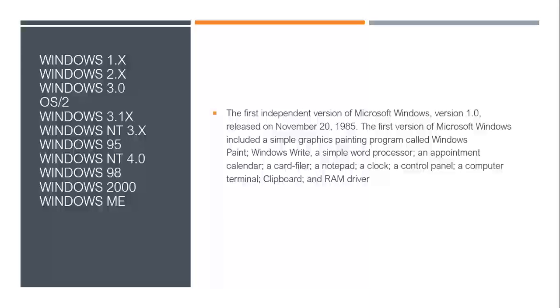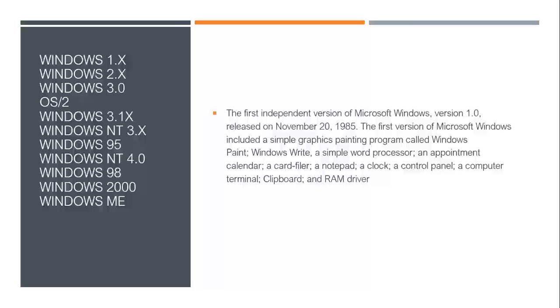Microsoft released Windows 2000 on February 17, 2000. It has the version number Windows NT 5.0. Windows 2000 has had four official service packs.